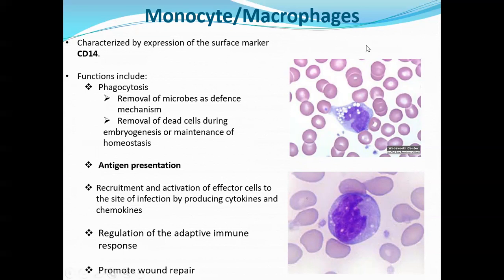All of these immune cells express unique surface proteins. And we can then identify what type of immune cells are present within the body or within an inflammatory site based on the expression of these proteins. So in the case of the monocyte macrophage, they are characterized by the expression of the surface protein CD14.